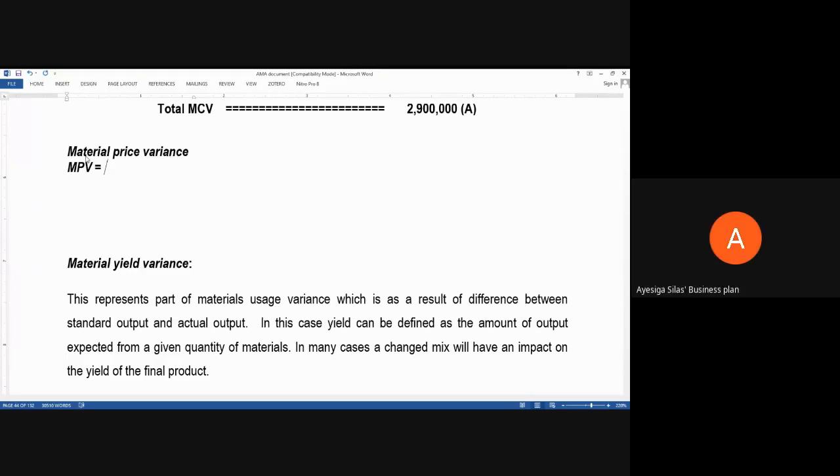Material price variance equals actual quantity, open brackets, standard price minus actual price. Which network is that one? Are you in Buguju? Like I see somebody saying actual quantity. It is standard price minus actual price into actual quantity, everything in brackets. SP minus AP.